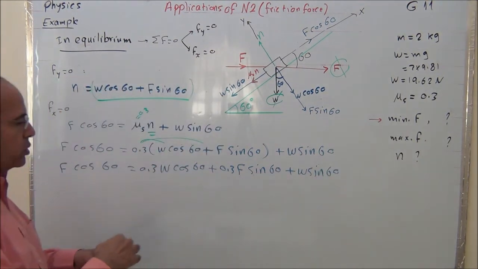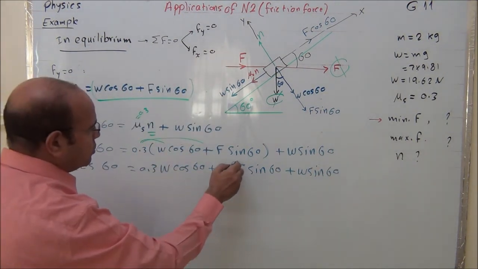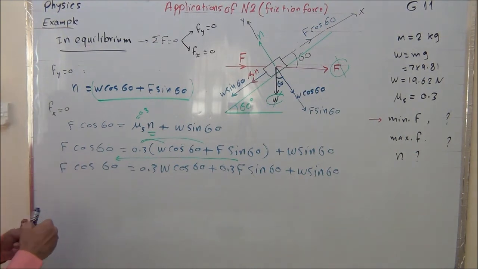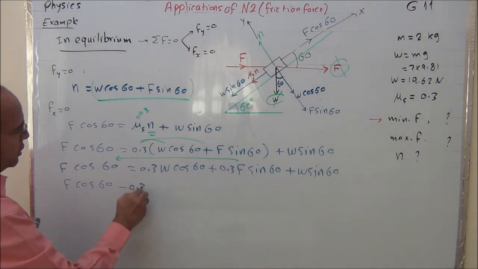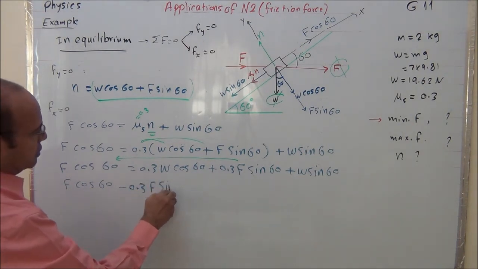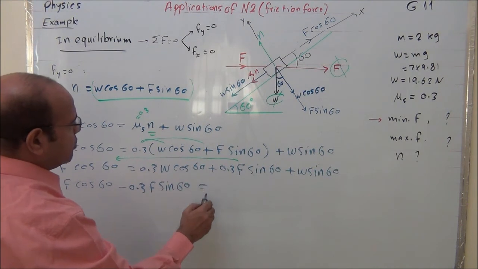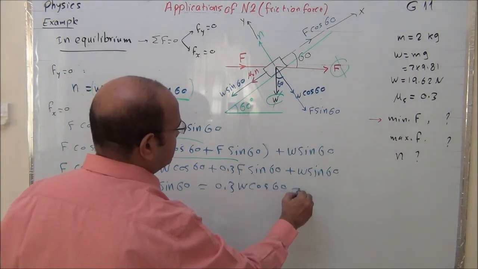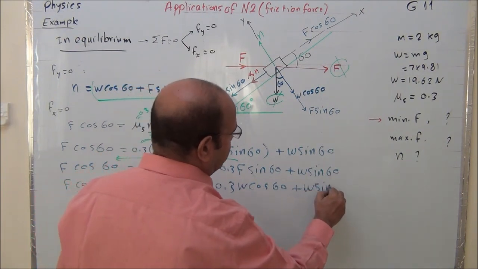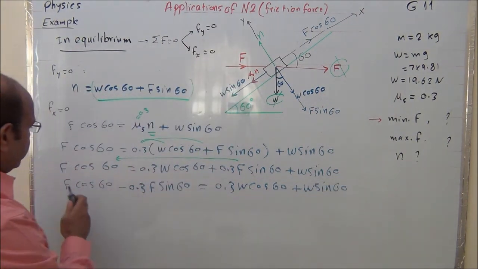We need F, so we move this to the left side. So F cosine 60 minus 0.3 F sine 60 equals 0.3 W cosine 60 plus W sine 60. We take F as a common factor.